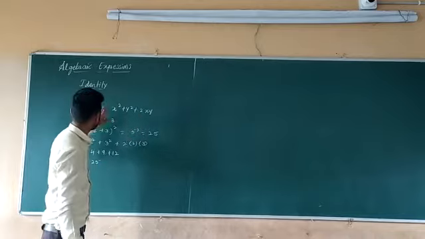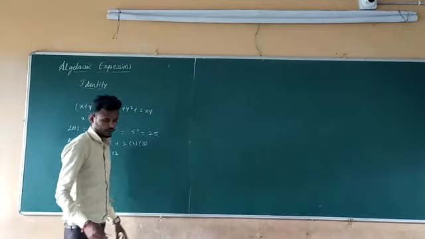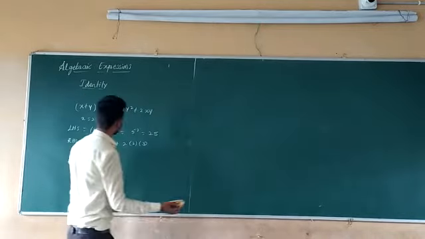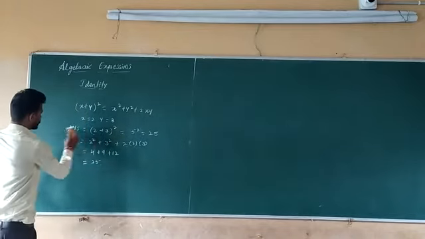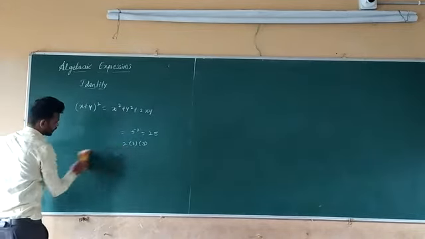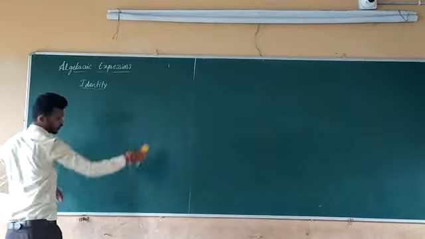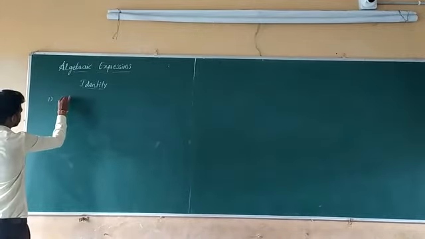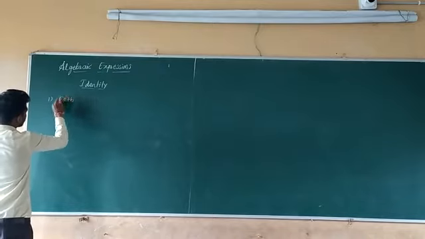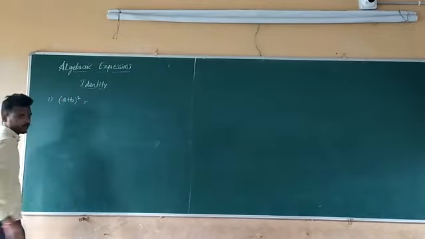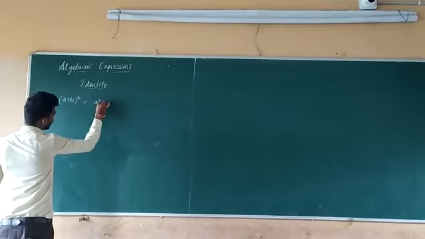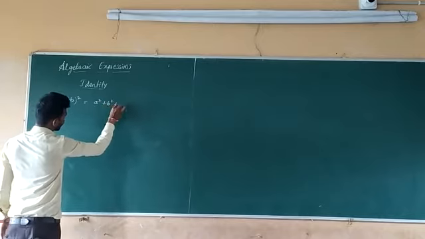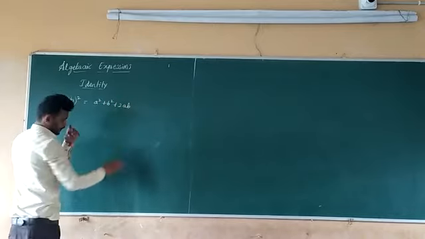The first one is this one only: (x + y) whole square equals x square plus y square plus 2xy. Written with a and b: (a + b) whole square equals a square plus b square plus 2ab.